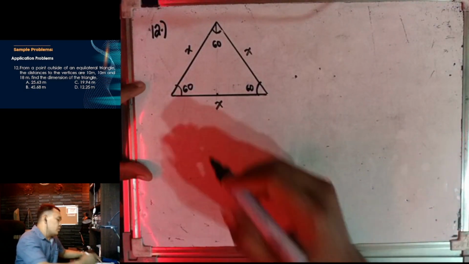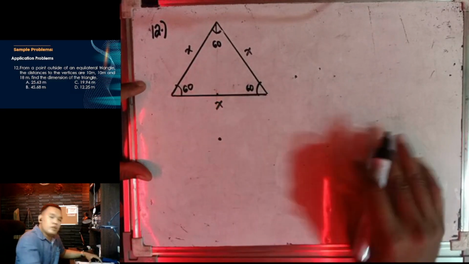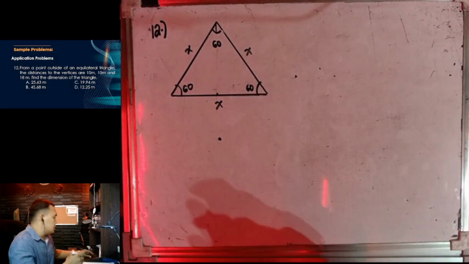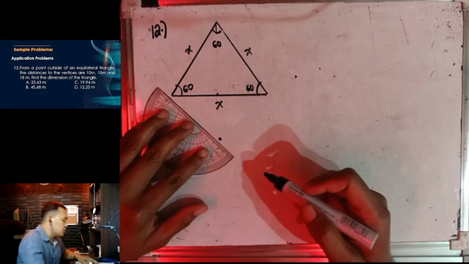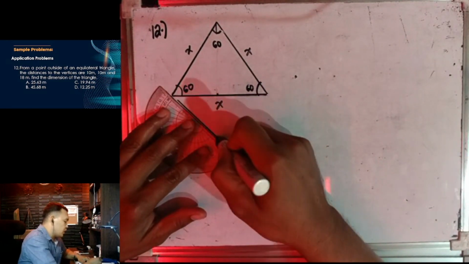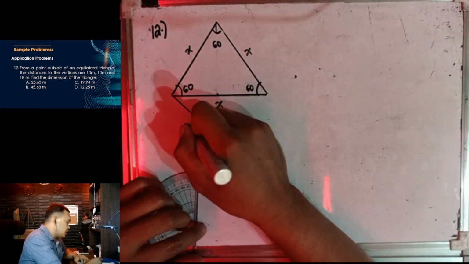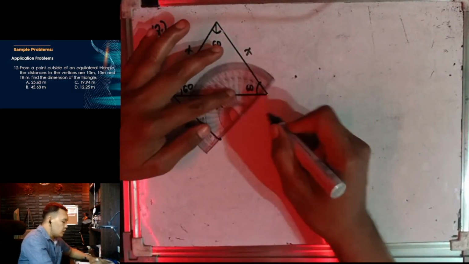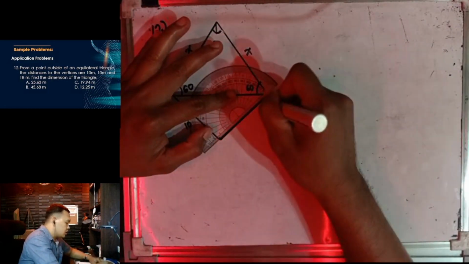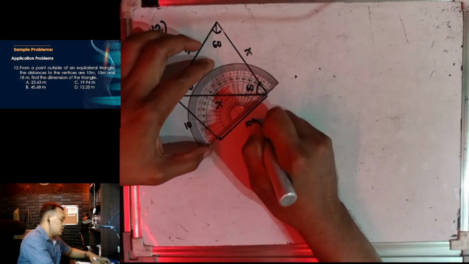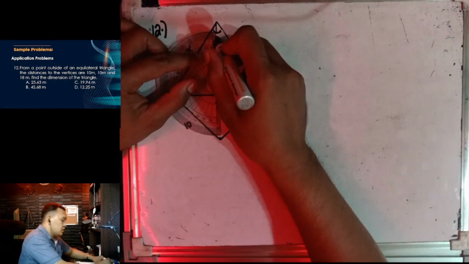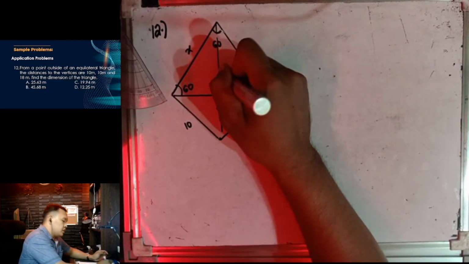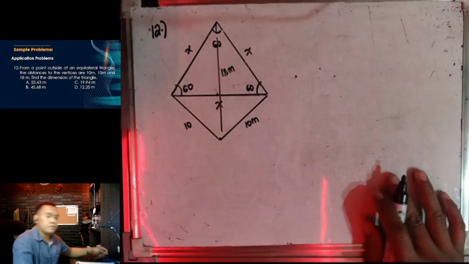So, we could say na kung nandito yung point natin, we have here this distance as 10 meters and 10 meters din dito sa kabila. So, it is 10 meters, 10 meters to, then another 18 meters yung nandito. Okay? 18 meters.